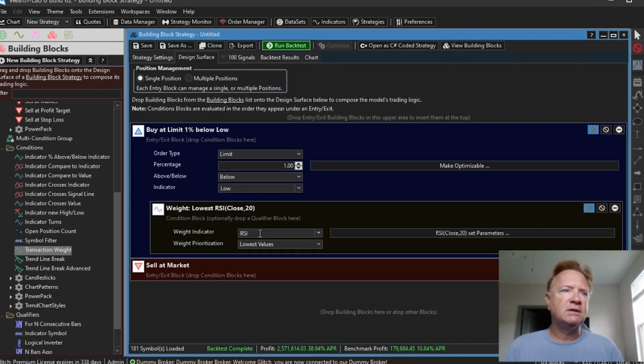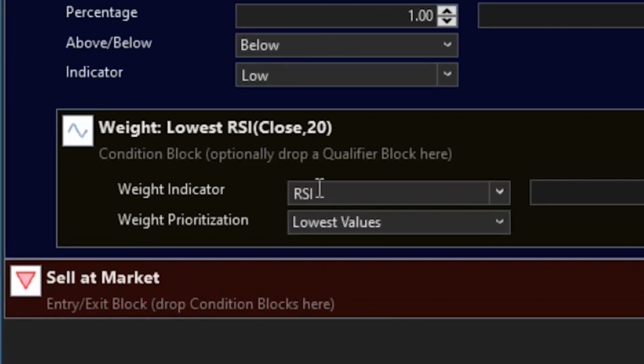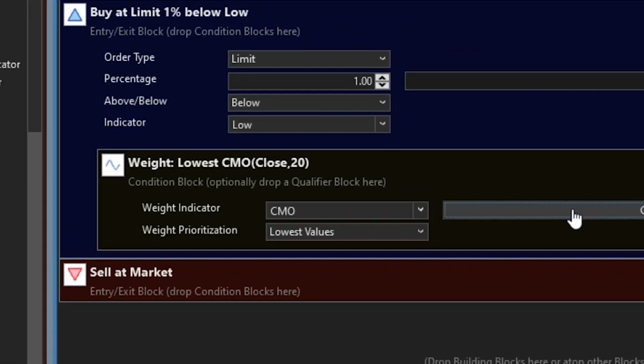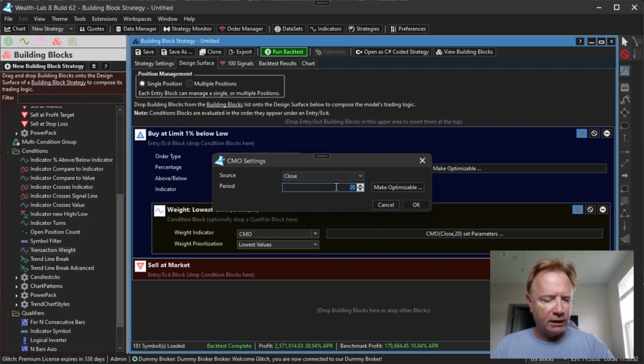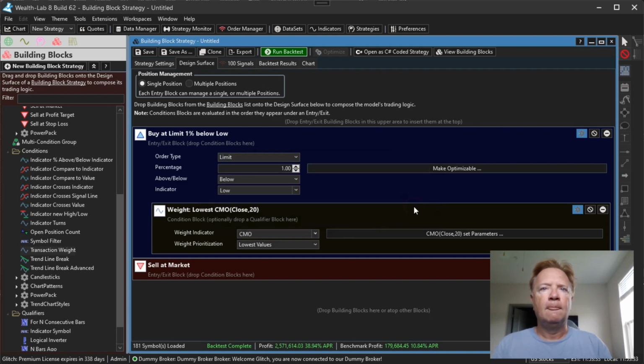What you do is specify a weight indicator, and the default is RSI. We could change it. Let's say we want to weigh by CMO, the Chande Momentum Oscillator, and we'll give it a short-term parameter of 4. What we want to do is prioritize the symbols that have the lowest Chande Momentum Oscillator value.